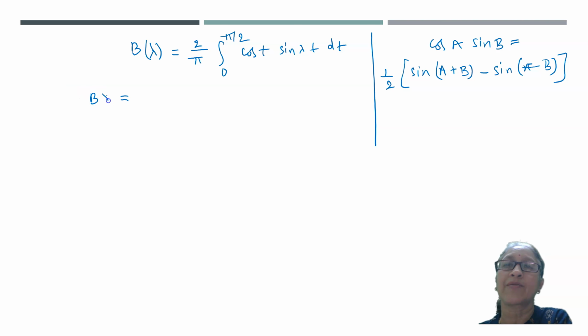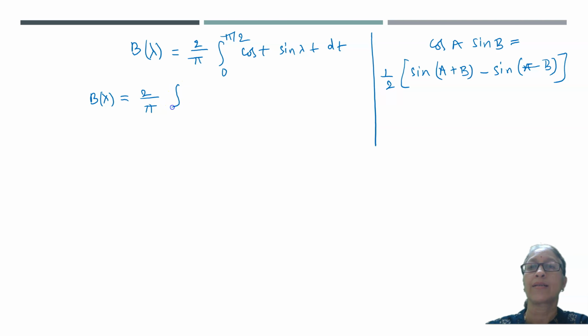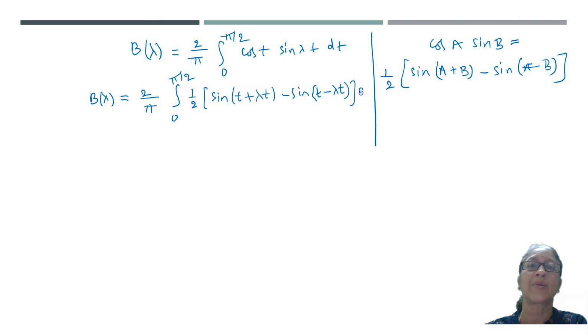So B(lambda) equal to 2 by pi integral 0 to pi by 2, 1 by 2 into sine of (t plus lambda t) minus sine (t minus lambda t) dt. Here you can take this 1 by 2 outside.